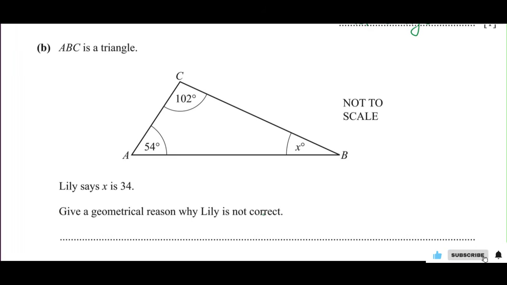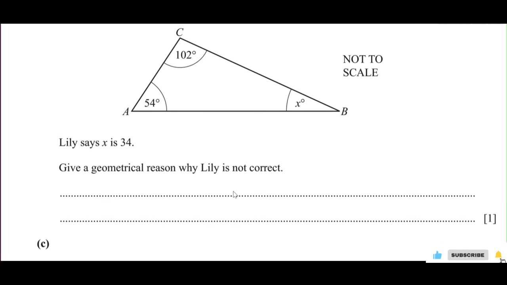To figure out this x, you need to add all three angles and set the sum equal to 180 degrees, because the sum of all angles of a triangle adds up to 180. So angle x, angle 54, and angle 102, their sum should be equal to 180 degrees. So what is angle x? Angle x would be equal to 180 minus the sum of 54 and 102.